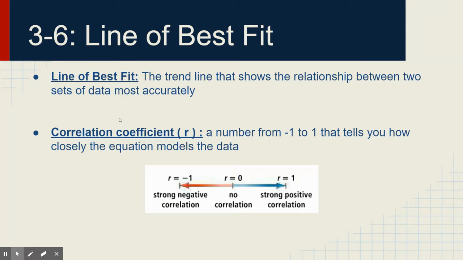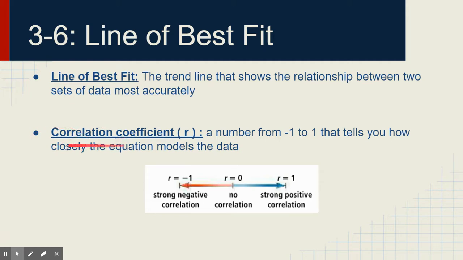It's more of a sketch, more of a hypothesis, a little bit of an estimate. Your trend line might differ slightly from someone else's, whereas line of best fit is the definitive line, that best trend line that you could draw that best correlates, best relates to the data in your scatter plot.